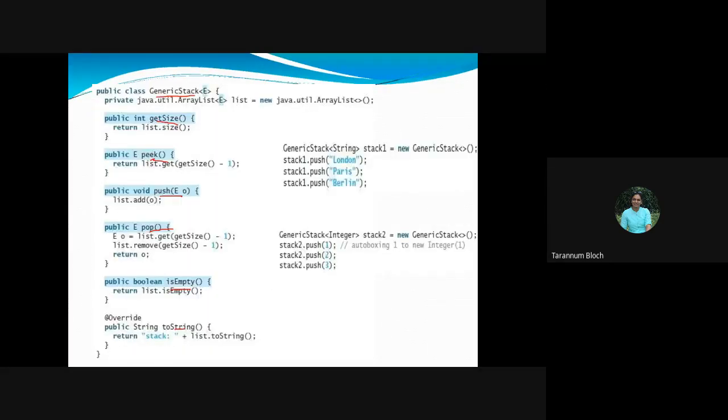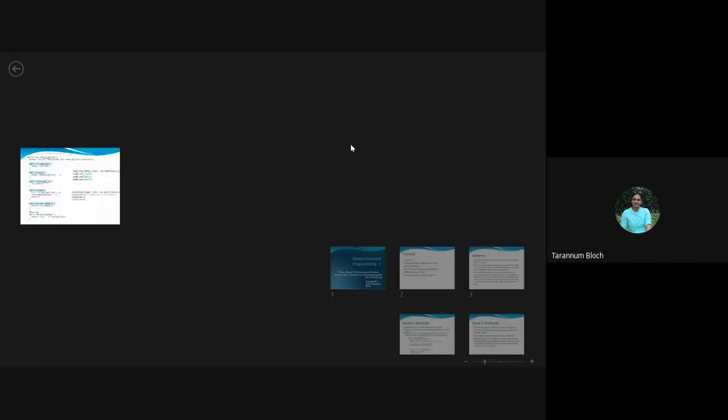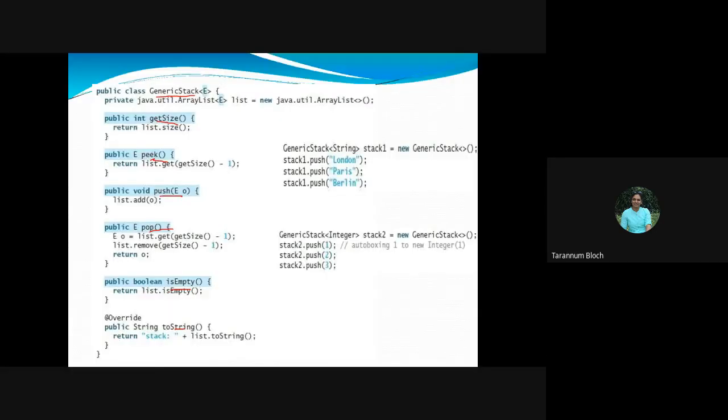We are saying it is generic and can go with any type. That's why when you declare the objects stack1 and stack2, you specify what type of value each will deal with. So this is the purpose of generics. Is it clear, guys? Fine. So this is the example of how to create a generic class.